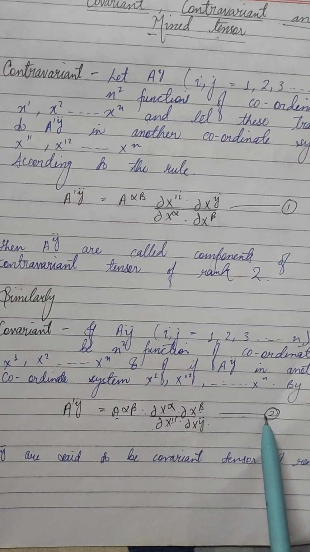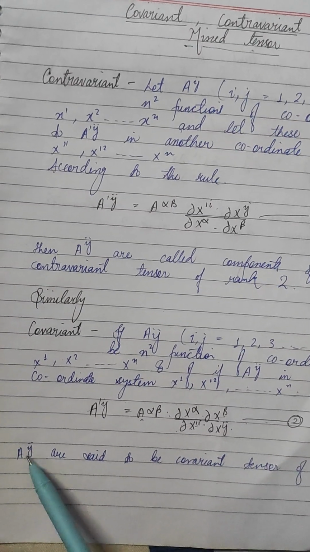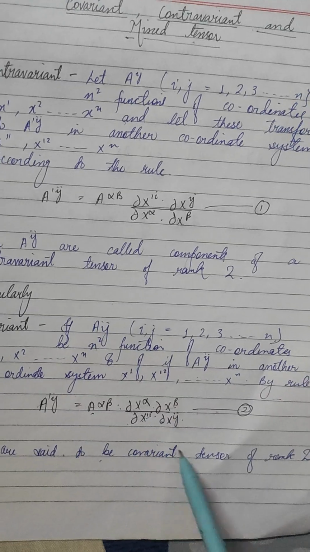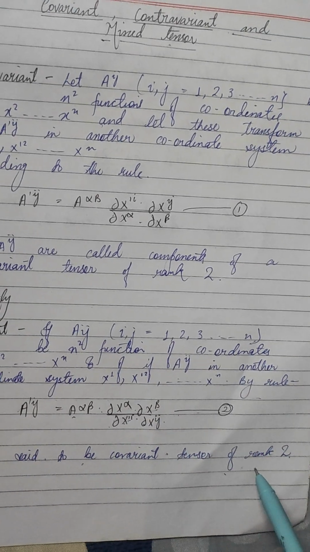This will be our second equation. So a_ij are said to be components of a covariant tensor of rank 2.